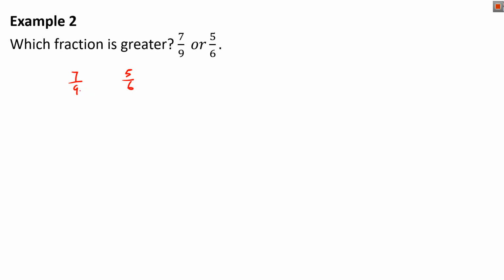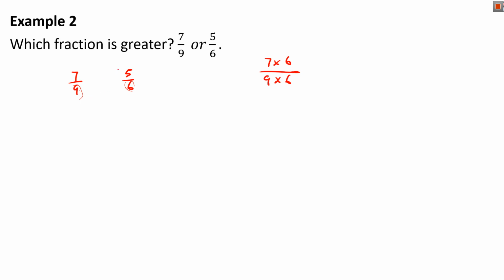So you multiply this one by 2 and multiply this one by 3. So we get 18. Or if you want, you can just multiply this one by 6 and multiply this one by 9. Okay, let's do that. Let's just first do it this way. We multiply this one by this denominator, that means 7 times 6 over 9 times 6.